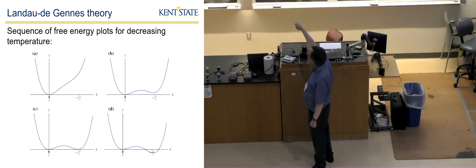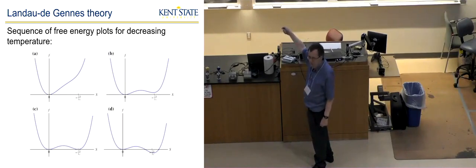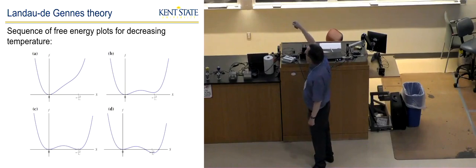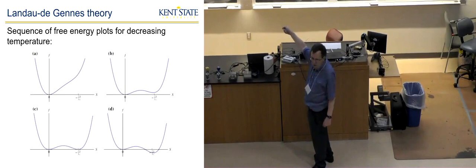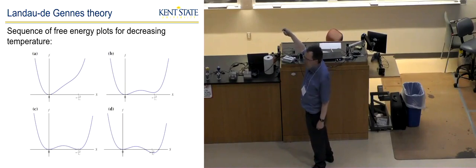Now, you can see that the function has another local minimum at some non-zero value of the nematic order. So, this is a situation where the isotropic phase is stable and the nematic state is metastable. This local minimum is a metastable state.